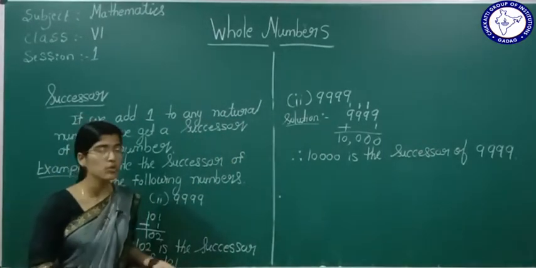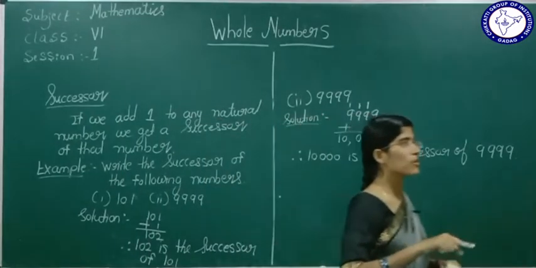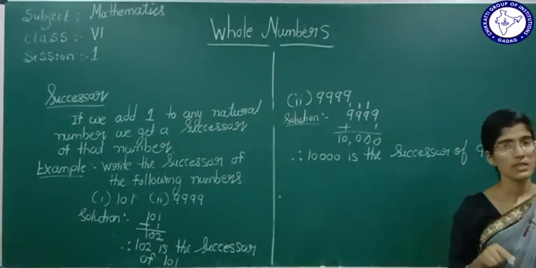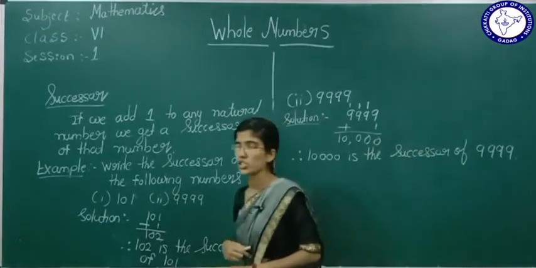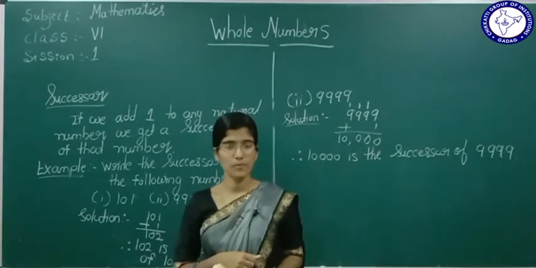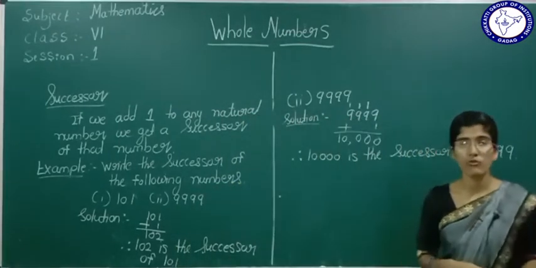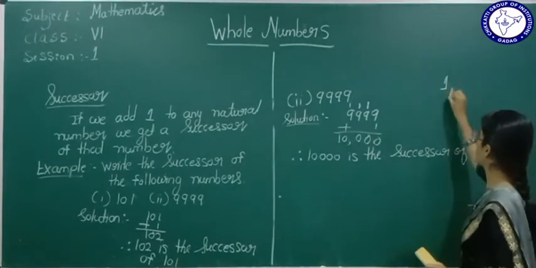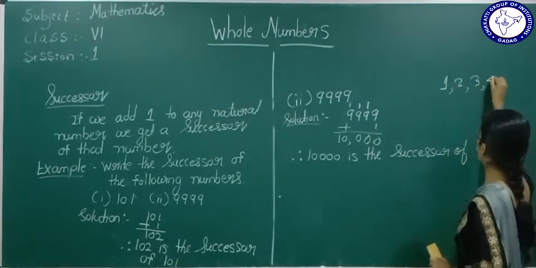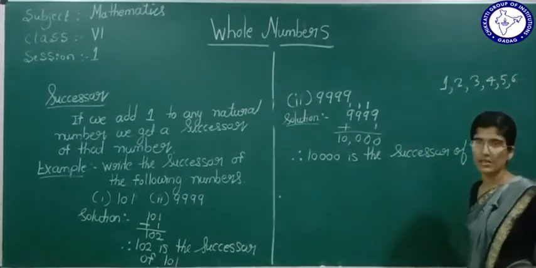Now I will ask you one question. Now we came to know that if we subtract 1 from any natural number, we will get a predecessor. And if we add 1 to any natural number, we get a successor. Now tell me, what is the predecessor of 1 in natural number? Natural numbers start from 1, 2, 3, 4, 5, 6, and go on continuing, right?